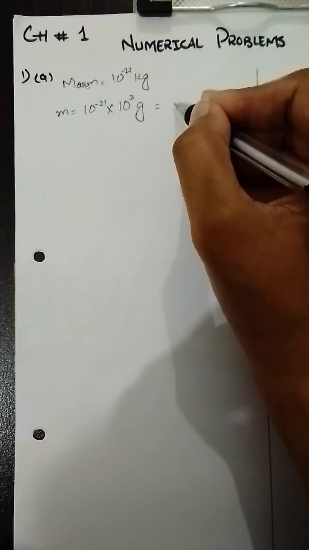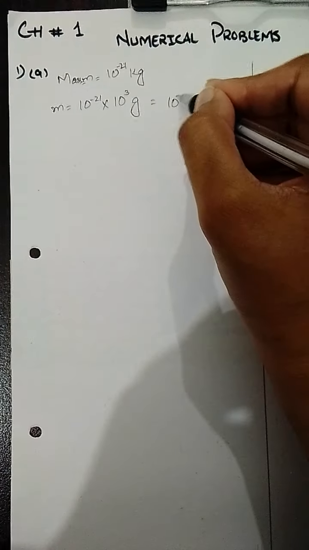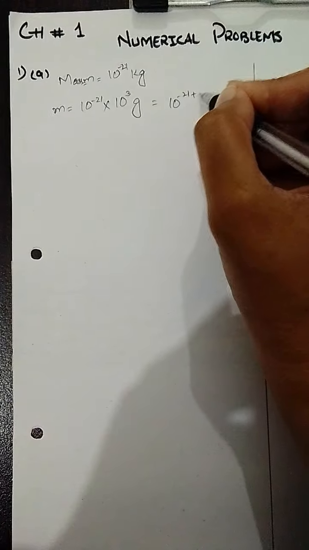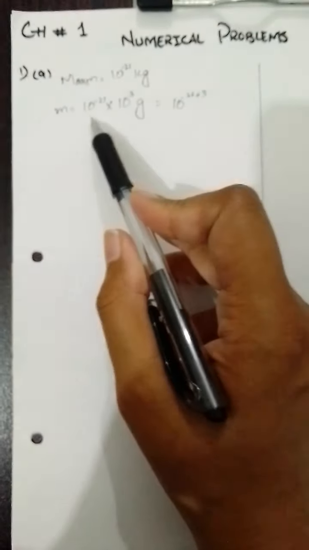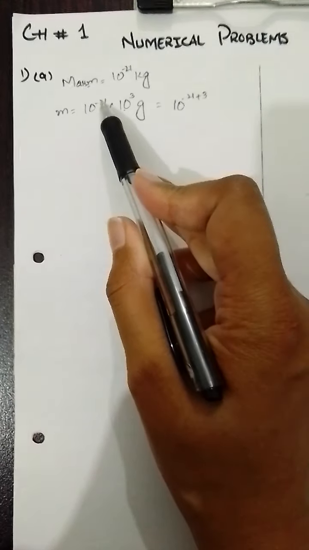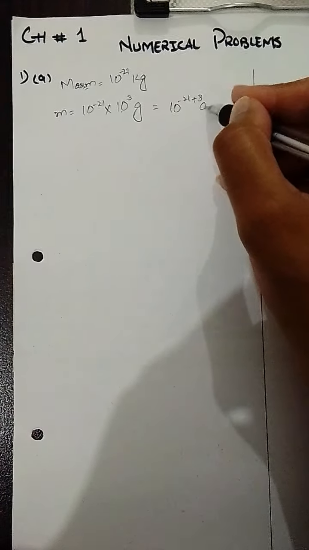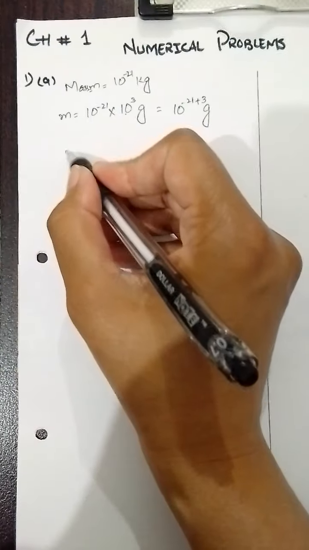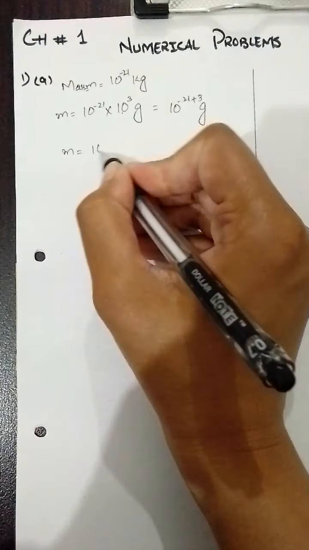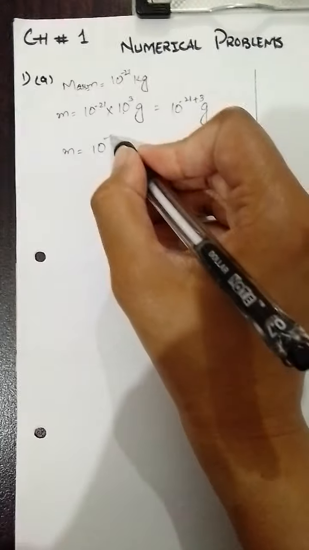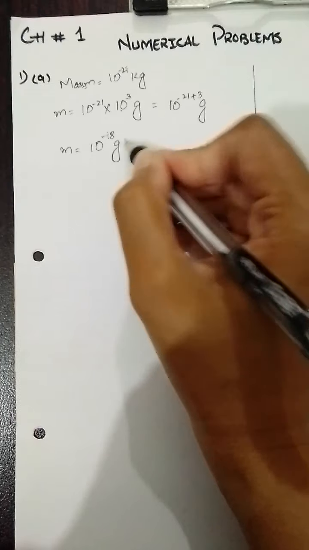So 10 raised to the power minus 21 plus 3, as whenever tens power get multiplied, their powers will get added up, right? So minus 21 plus 3, we would get 10 raised to the power minus 18 gram.